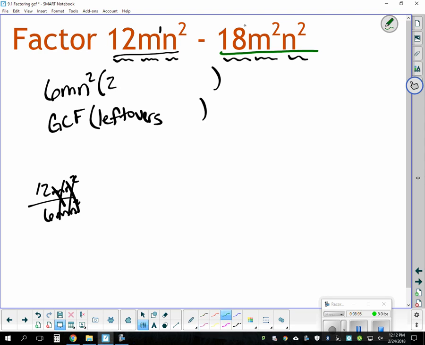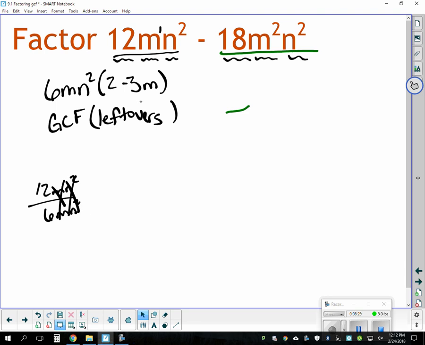Now you've got to do the same thing. Negative 18 divided by 6 is negative 3. M squared divided by m, well, that's just going to be m to the first power, right? And then n squared divided by n squared, that part cancels. So we can move this over here. Not that, but that.